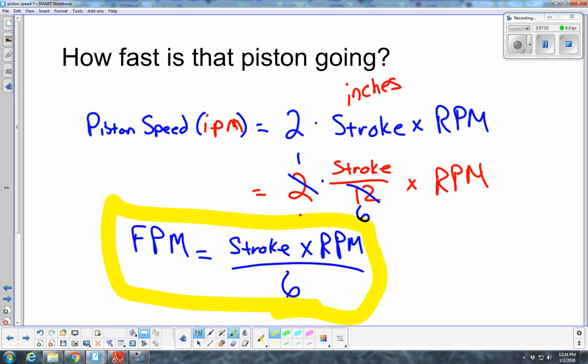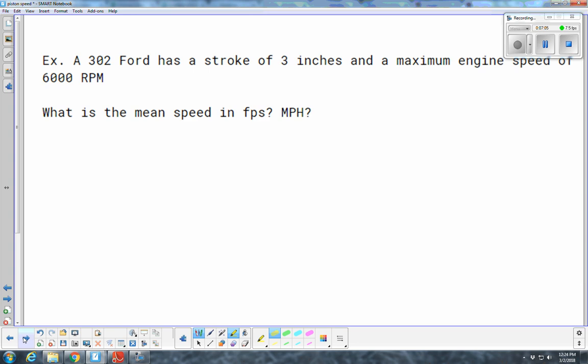All right, let's talk about this guy right here. We have a 3024, which has a stroke of 3 inches and a maximum engine speed of 6,000 RPMs. Have any of you noticed on your tachometer where your RPMs are measured that it has those little red lines? Why do you think those are there? Like that's the sweet spot, right? No, that's not the sweet spot. That's the danger zone, man.